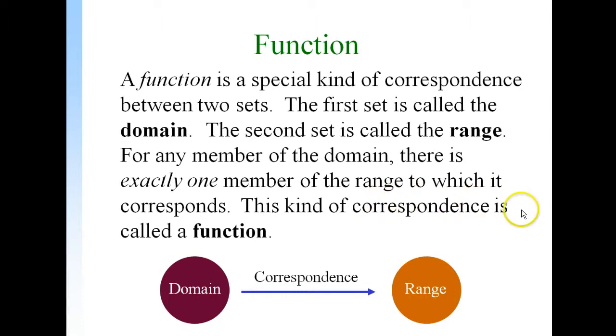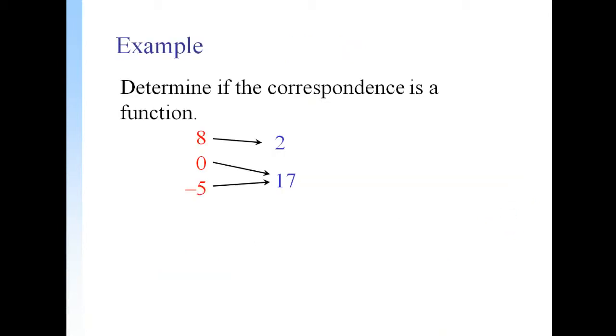This kind of correspondence is called a function. Again, the simple form, the x element is only used once in relation to the y element. Okay? And we'll see this here as we go through various examples.